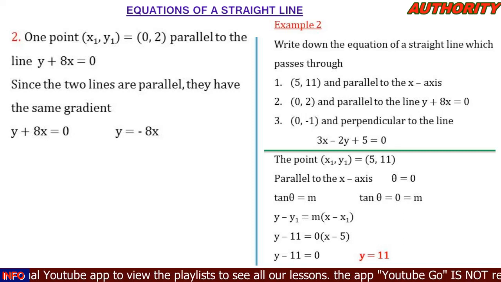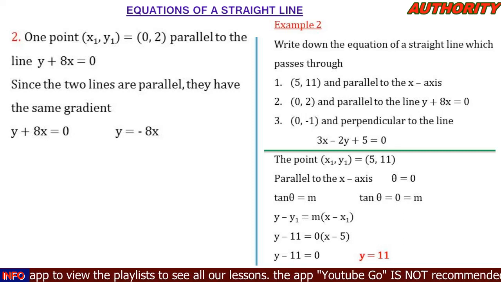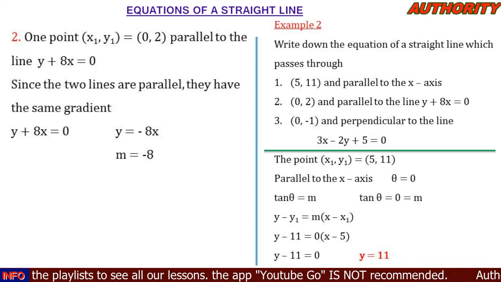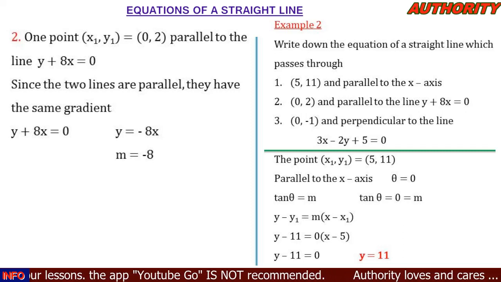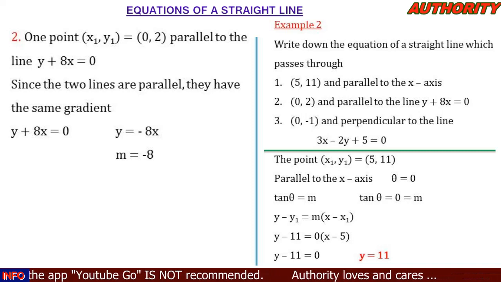The gradient of this line is minus 8. The line we are going to find is parallel to this line, and two parallel lines have the same gradient.